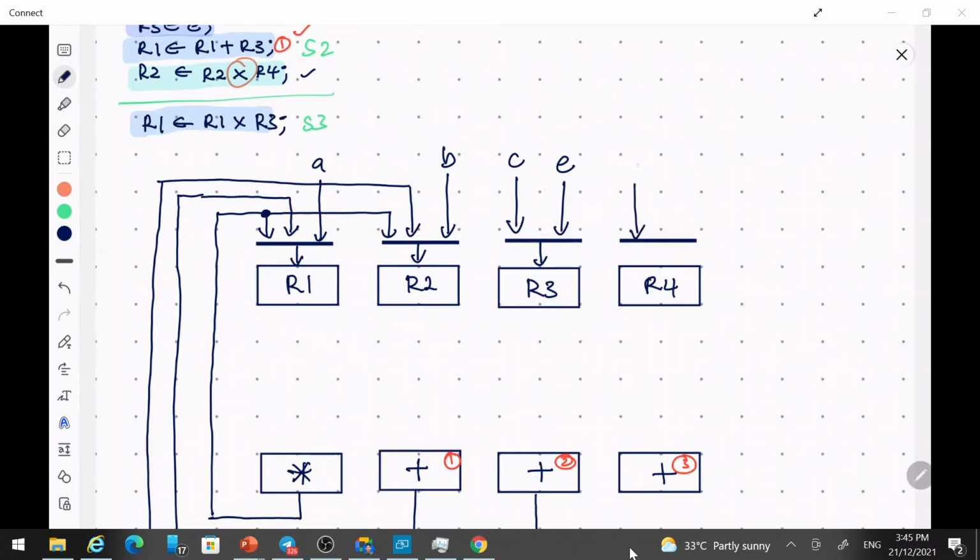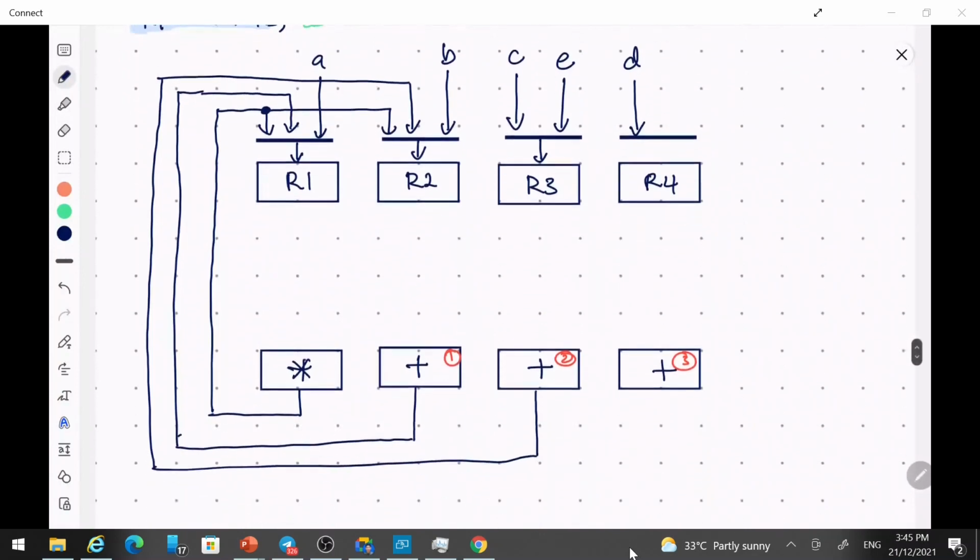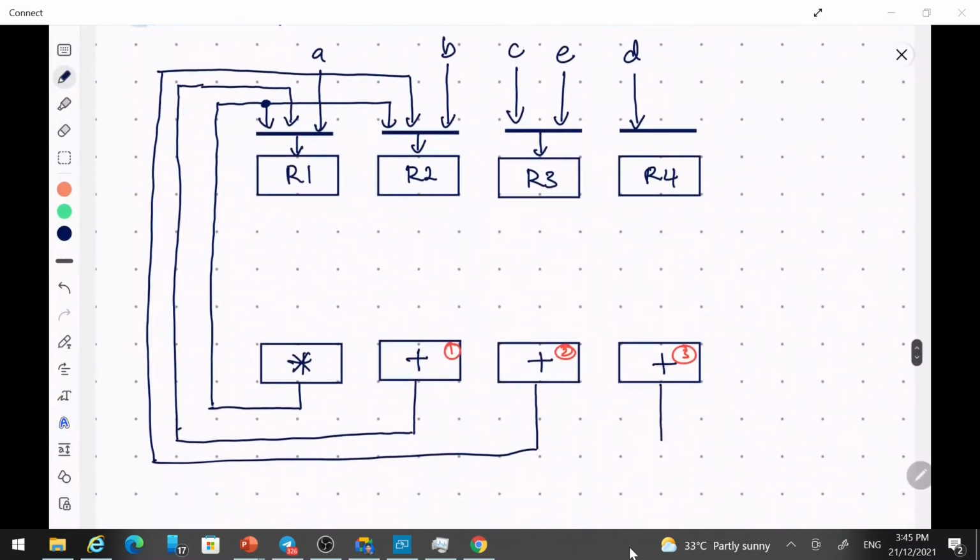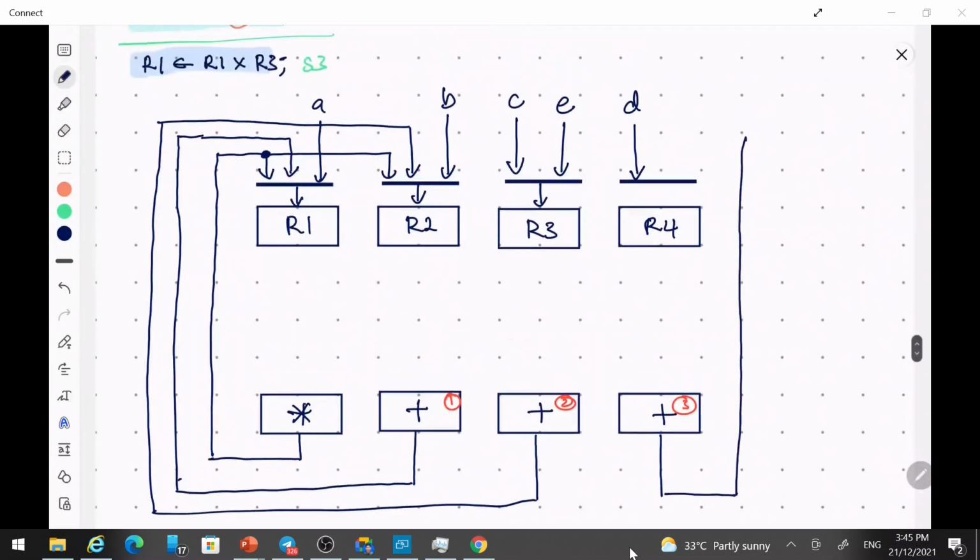This is D, and the last one is from adder number 3. So we have that for the inputs of R1, R2, R3, R4. Okay, so that is for the registers.